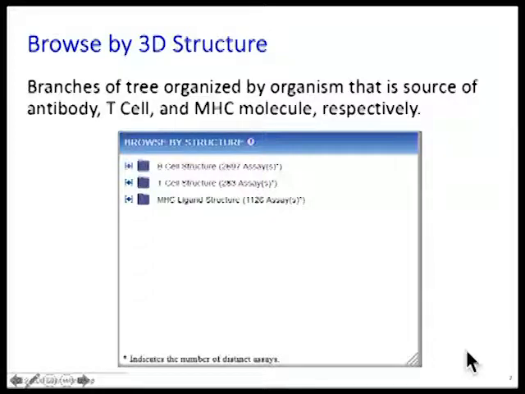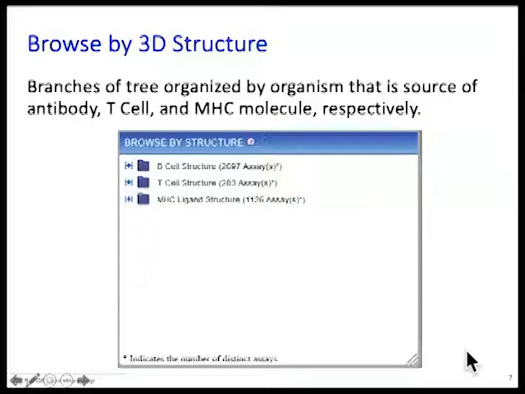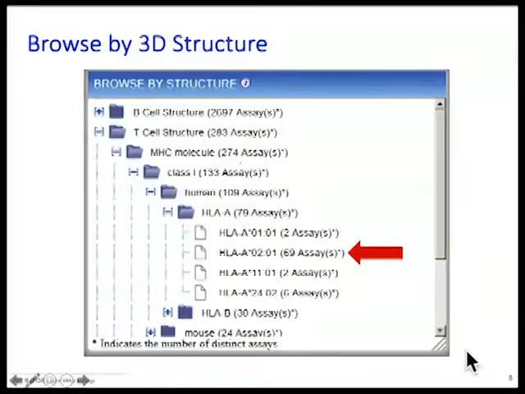At the highest level, these represent the source of the organism, essentially the immune receptor. So you might be interested in an epitope that binds to an antibody. You could browse the B cell branch. And in my example, I've opened the T cell structure.